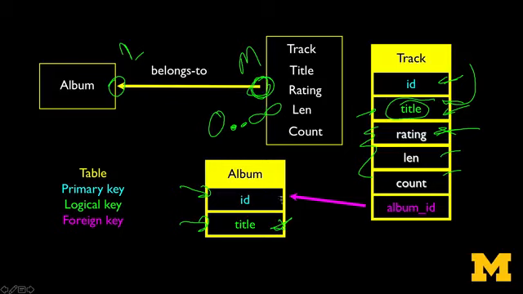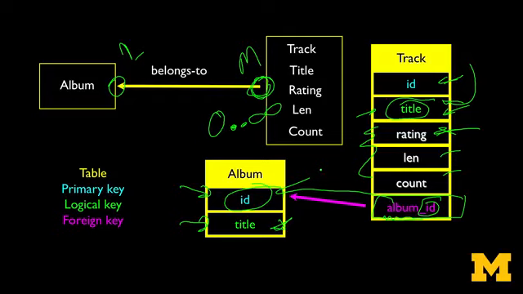On the one side of the arrow, we just put in this primary key. And on the many side, we add a column, and we call it album_id, where the first part of that is the name of the table, and the second part is our little memory technique to realize, oh, that's a foreign key, and it's in the album table.